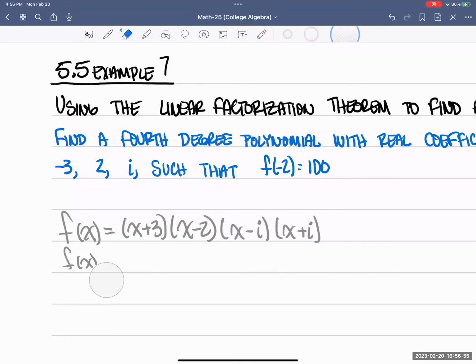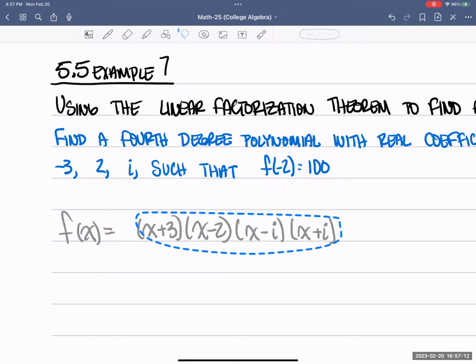Or instead of doing all of that, why don't we evaluate our function at this part. Let's put a random variable over here, A, so that we could force it to equal 100. And now we're going to plug this part in here.